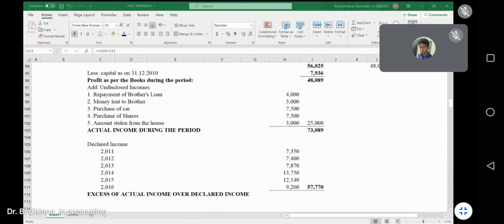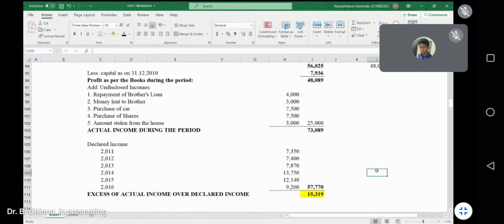Profit as per the book is 48,089. Add undisclosed income 25,000. It comes to 73,089. And already 57,770 has been declared. So what is the excess income that is not yet declared? 15,319. 73,089 minus 57,770. That's it. So this is the answer, students. So how much tax evasion has he done? To an extent of 15,319.